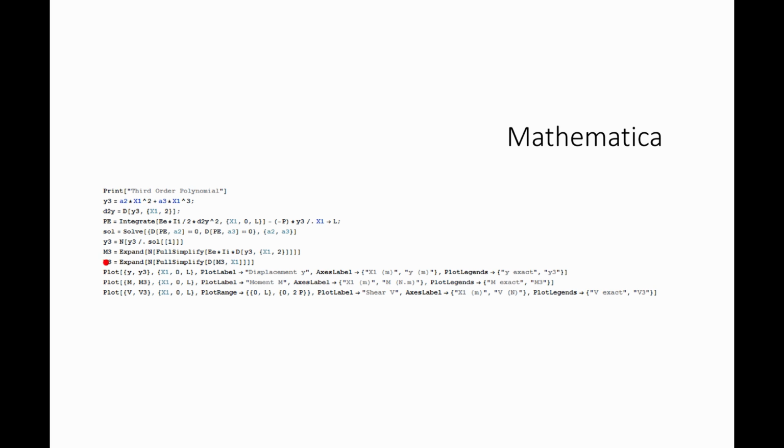And then the moment and the shear are calculated based on y3. Then y and y3, M versus M3, and V versus V3 are plotted. And you can copy and paste the code. The code is in your online notes all the way up to the 6th order polynomial.